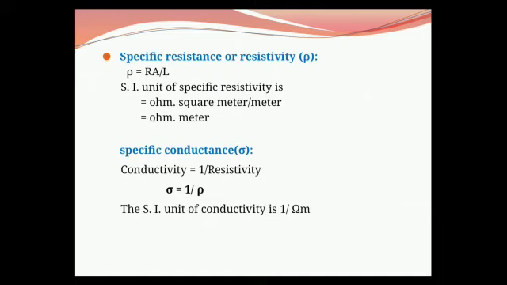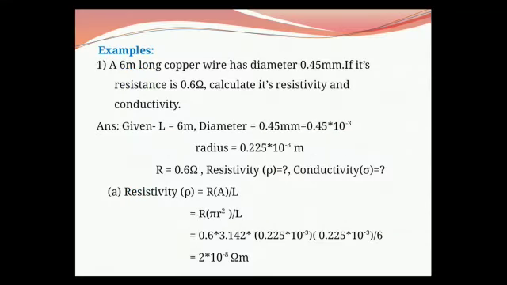The SI unit of specific conductance or conductivity is 1 upon ohm meter, because the SI unit of specific resistance is ohm meter. Now we solve the first example.